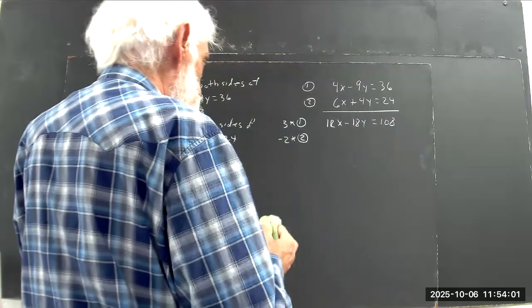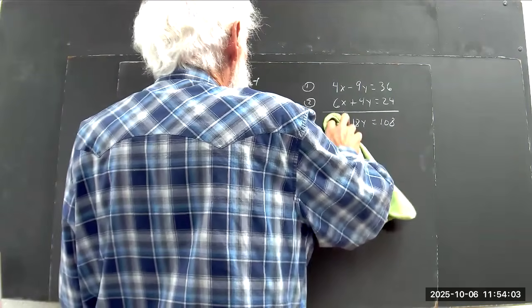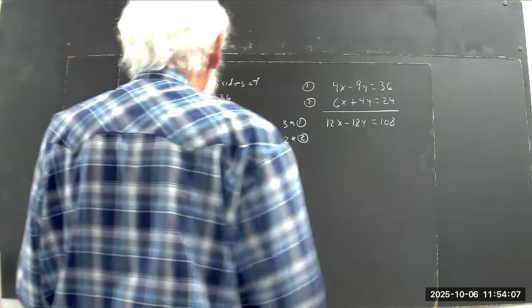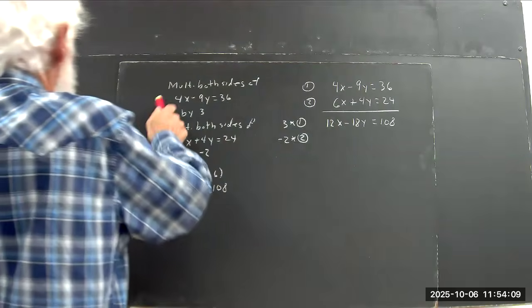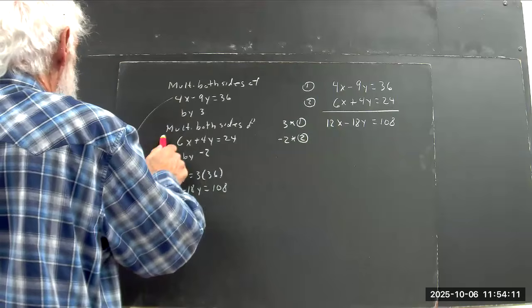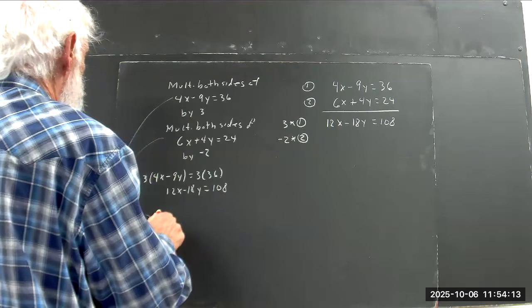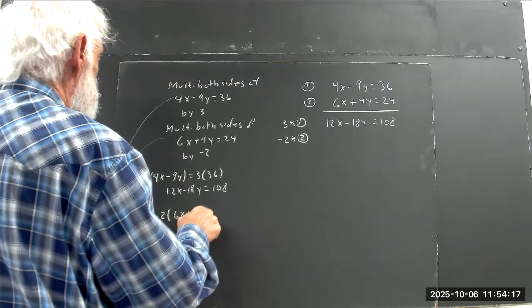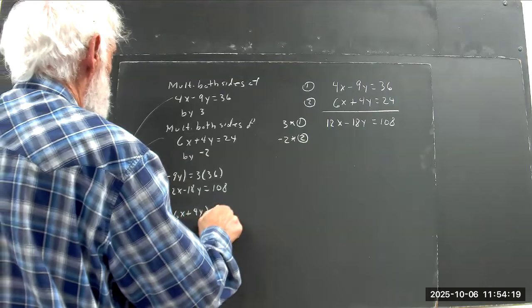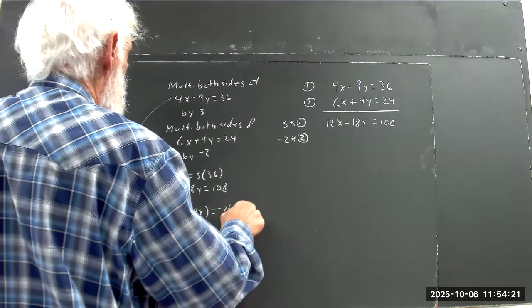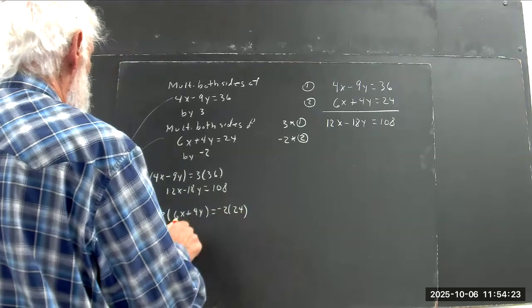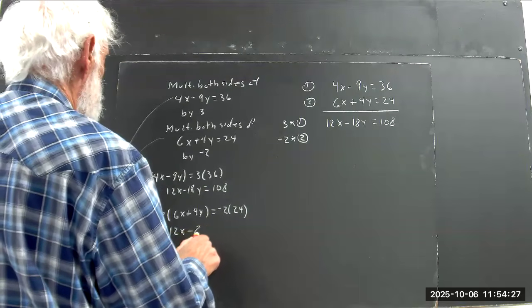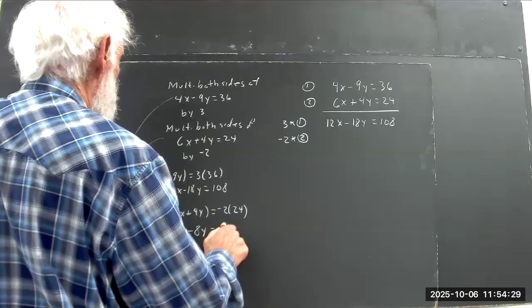Okay, then we multiply the second equation by -2. -2 times 6x is -12x. -2 times 4y is -8y.